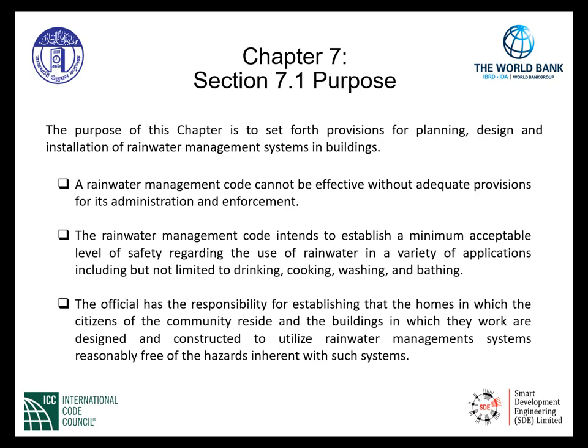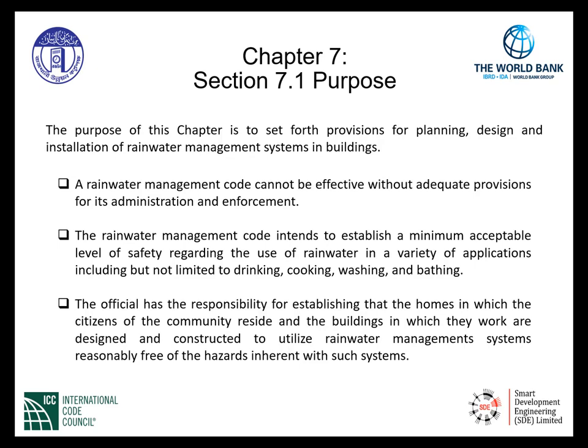The Rainwater Management Code intends to establish a minimum acceptable level of safety regarding the use of rainwater in a variety of applications, including but not limited to drinking, cooking, washing, and bathing.